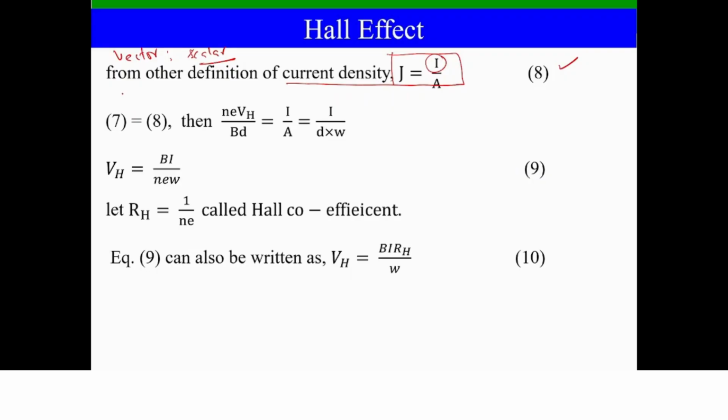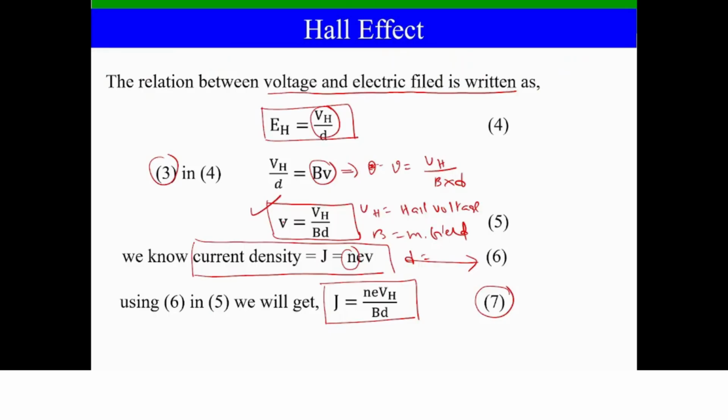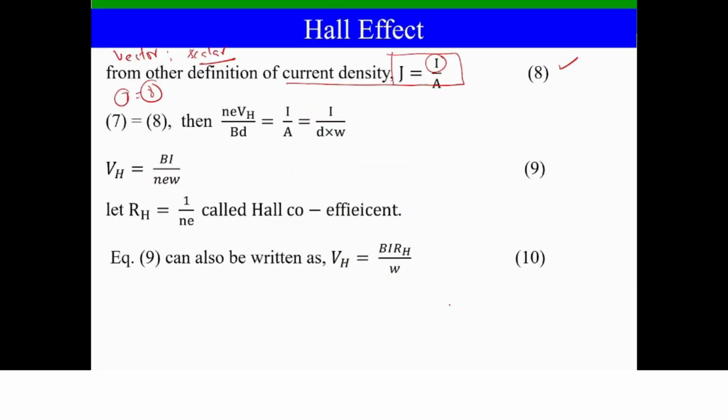Now what we have to do? Equate the 7th equation to the 8th equation. The 7th equation is NEVH divided by B into D, that is equal to I by A. What is the meaning of I by A? I is the current, A is the area.